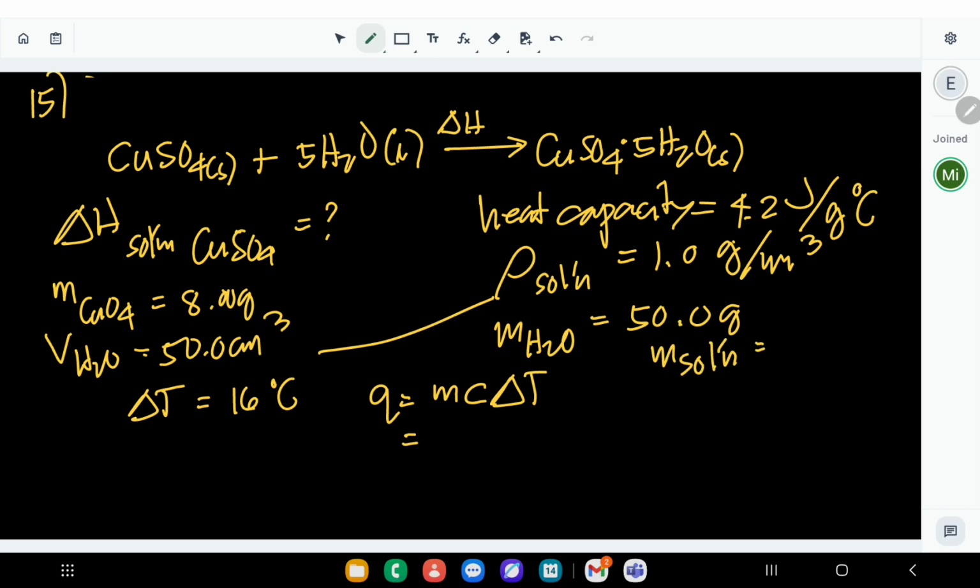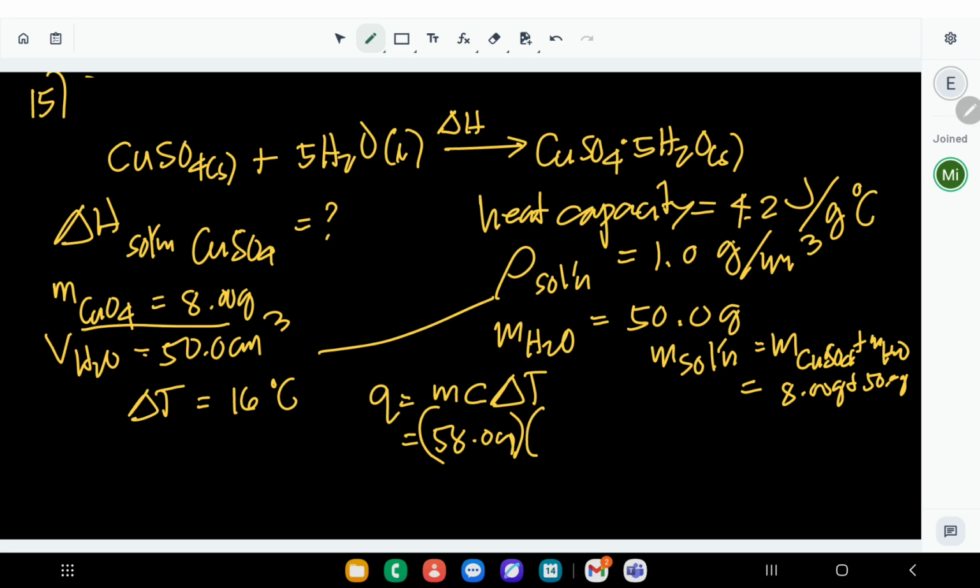So mass of solution here should be the mass of anhydrous copper sulfate, which is 8, plus the mass of water. So this is 8 grams plus 50 grams. So this is 58 grams times the heat capacity, which is 4.2 joules per gram degree Celsius, times delta T, which is 16.